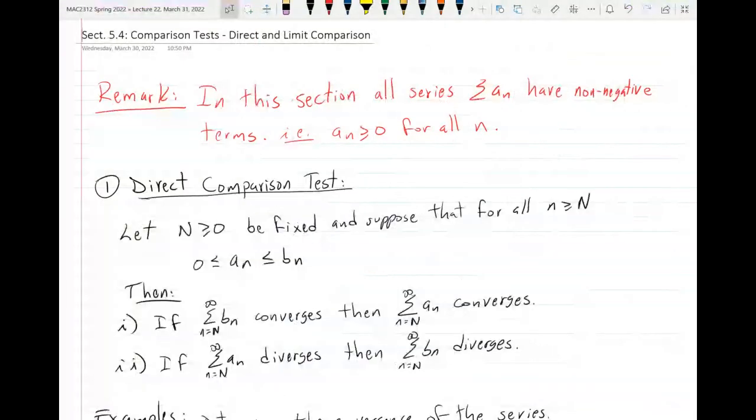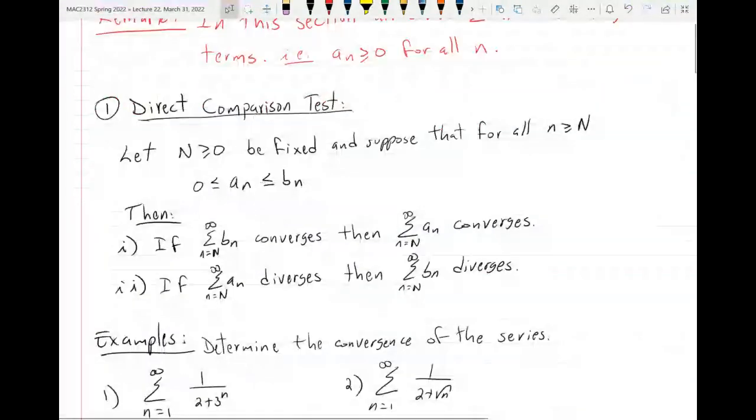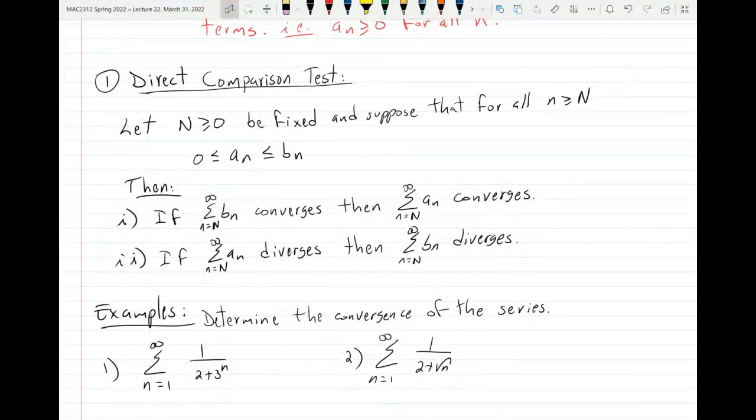Basically, the direct comparison test, you already have an idea of how this works from when we talked about it in the case of integrals. It says if you have two series, an and bn, and the sequence bn is always greater than or equal to an, then if the series corresponding to the big one converges, the small one has to converge.